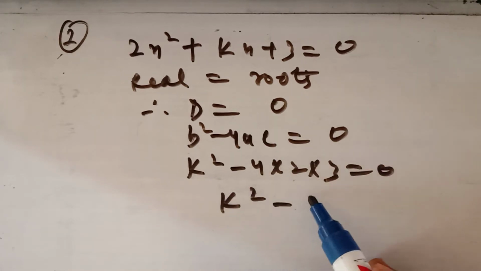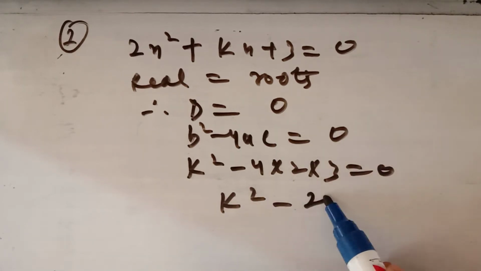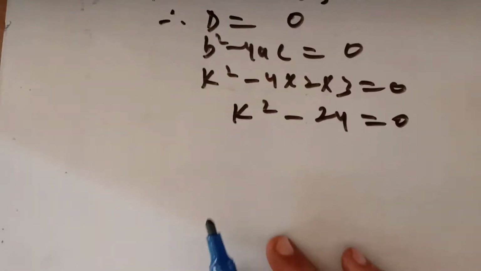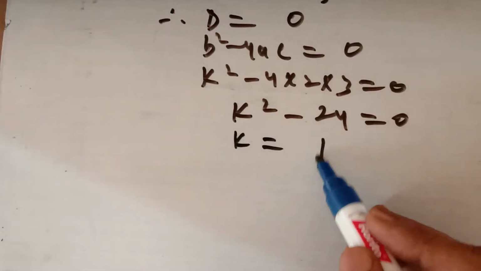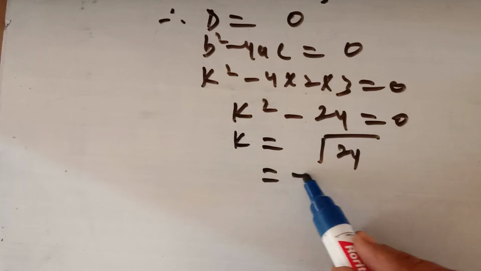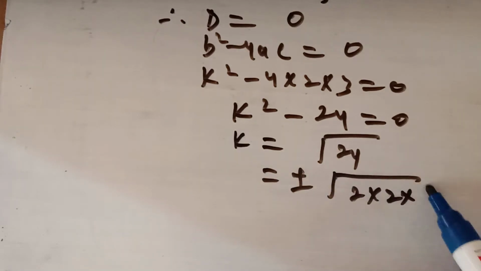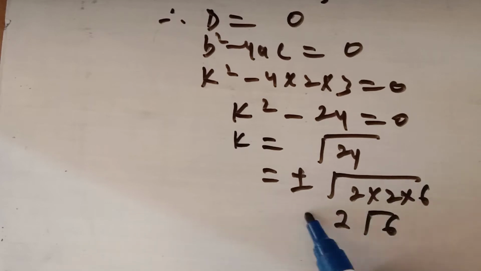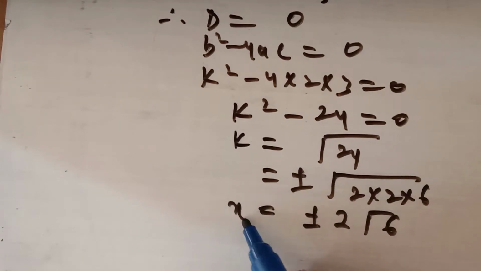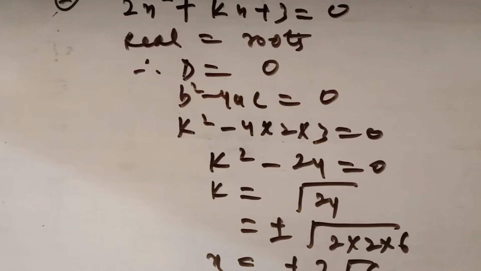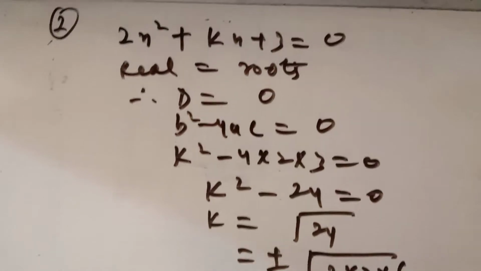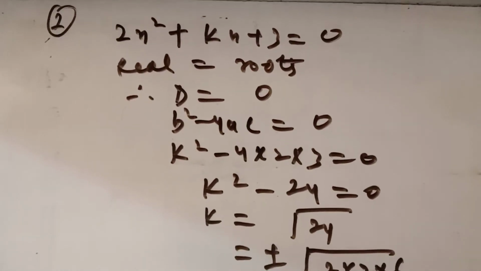So k square minus 24 equals 0, so the value of k you will get is plus minus root 24, that is plus minus 2 root 6. So when the roots are real is given, you simply put the discriminant equal to 0.